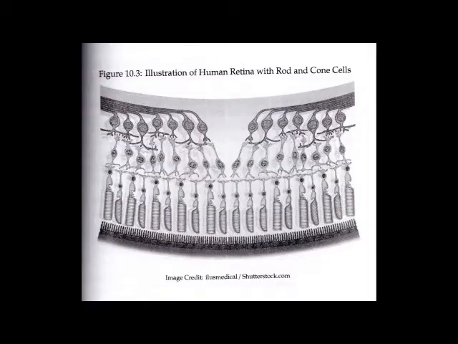And there's a layer of cells called the retinal pigment epithelium, RPE for short. That's a layer of cells right at the photoreceptor spot. It needs to be on the outside of the eyeball because that's where the bloodstream comes in.